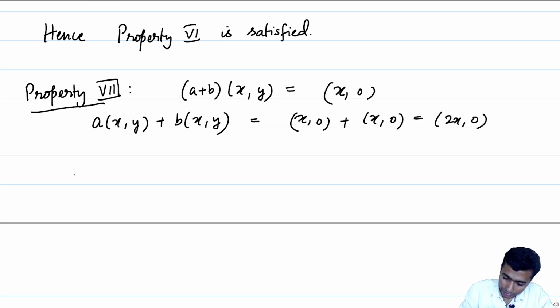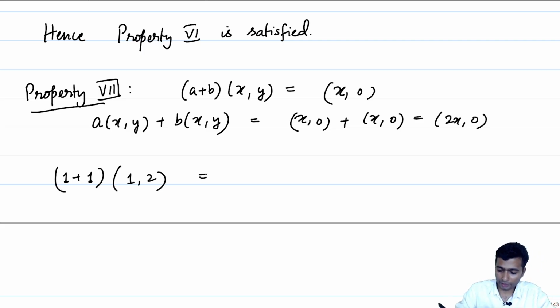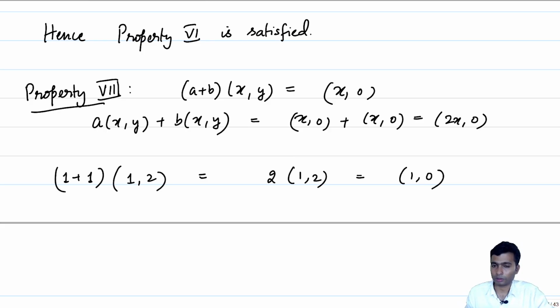So for example, look at (1 plus 1) on (1, 2). This is just 2 times (1, 2), which is equal to (1, 0) by the scalar multiplication. Any scalar times a vector will just give you the same first coordinate, right?